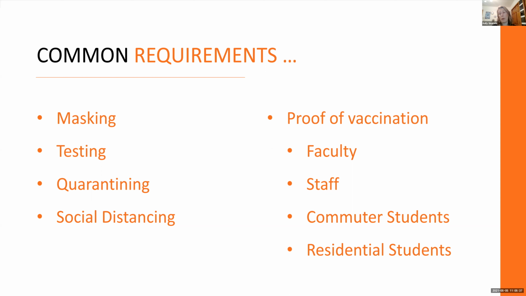Also, new requirements that we're starting to see as vaccines become more available to the general population are schools requiring proof of vaccinations. And this comes in a variety of different forms, whether it's for faculty, for staff, for commuter students, or for residential students. And different campuses are choosing to require vaccinations for different groups of the population based on what they've decided and how their campus is structured.